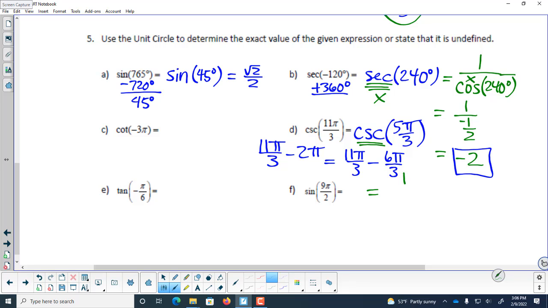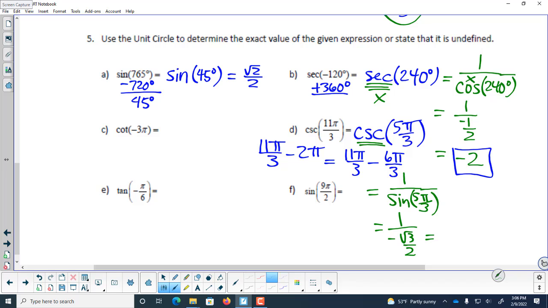So it's the 1 over the sine of 5 pi over 3, or the reciprocal. What's the sine of 5 pi over 3? Negative root 3 over 2. It's the y coordinate.